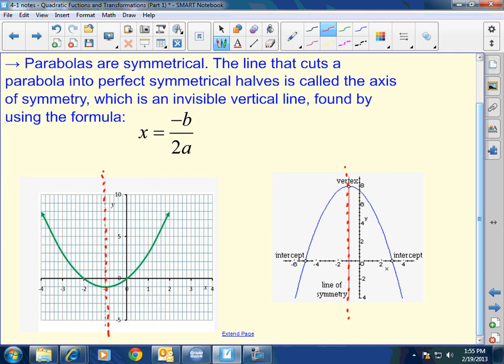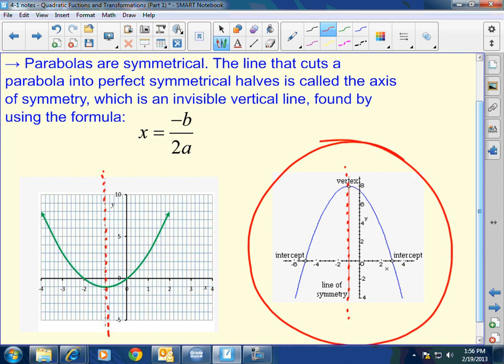Now, if you focus over here on the graph on the right, you're going to notice a couple things I labeled for you. First of all, you have a vertex. A vertex, I like to call, that's the swivel point of the parabola. That's the point through which the axis of symmetry goes through, and it's either going to be a maximum or a minimum value. And we're going to talk about that in a second.